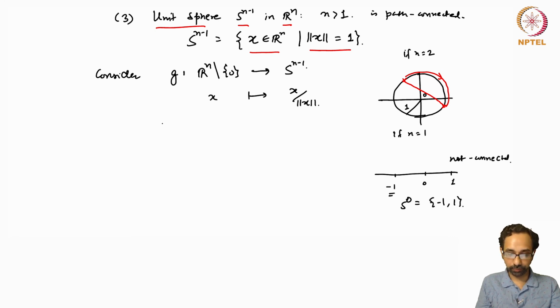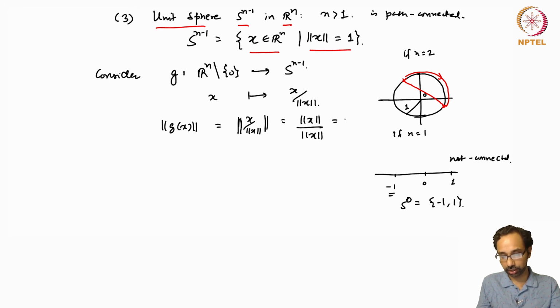Then the norm of g(x) is the norm of x over the norm of x, which is equal to 1, and this is well defined because we are excluding the point 0.